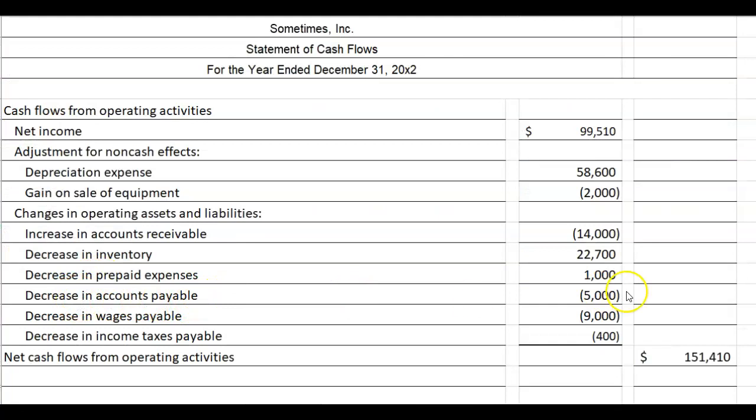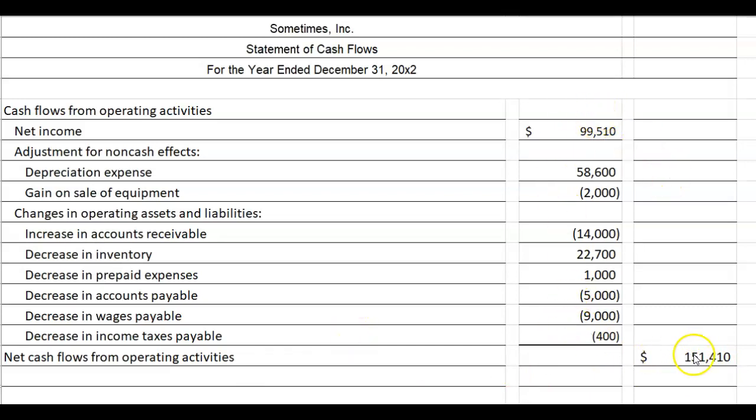Decrease in accounts payable, subtract $5,000. Decrease in wages payable, subtract $9,000. Decrease in income taxes payable, subtract $400. Then add up all your pluses and minuses to calculate net cash flows from operating activities, $151,410.